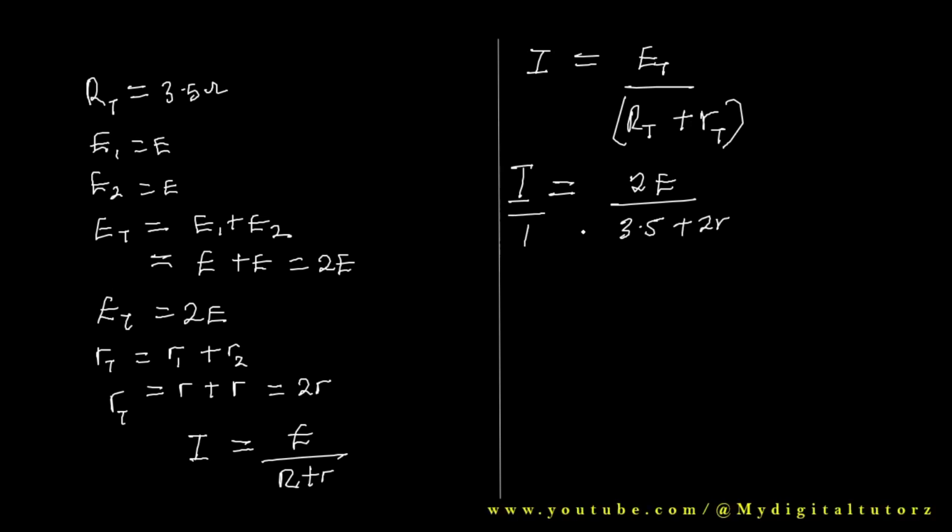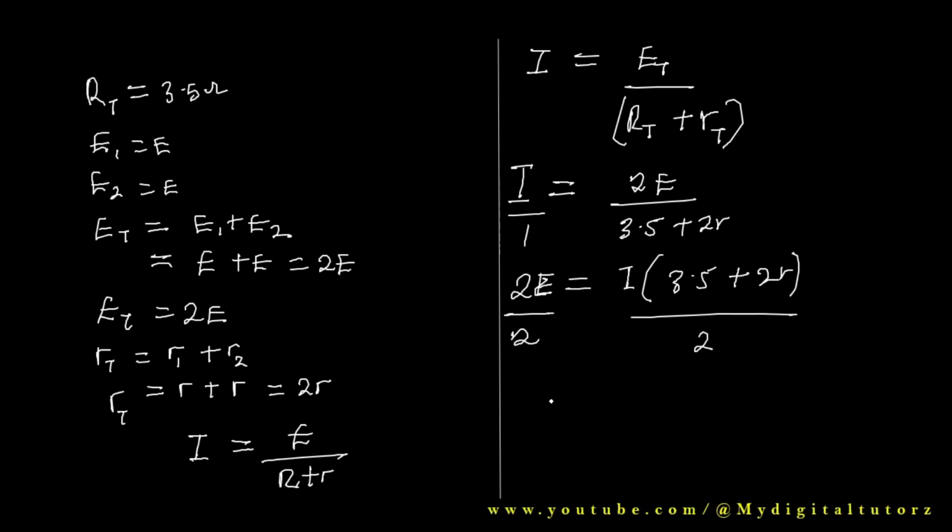So I can now cross multiply. Remember they said I should express E in terms of I and R, so I have to make E the subject of the formula. So I'm going to have 2E is equal to I into bracket 3.5 plus 2R. By the time I divide both sides by 2, E will be equal to I into bracket 3.5 plus 2R all over 2.